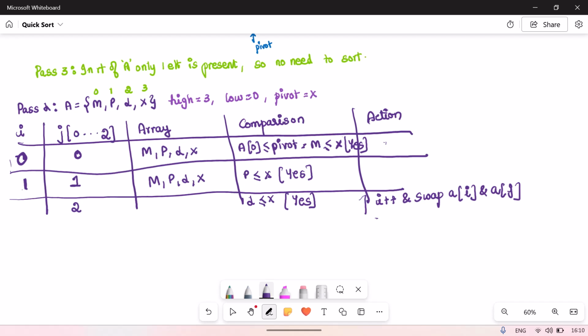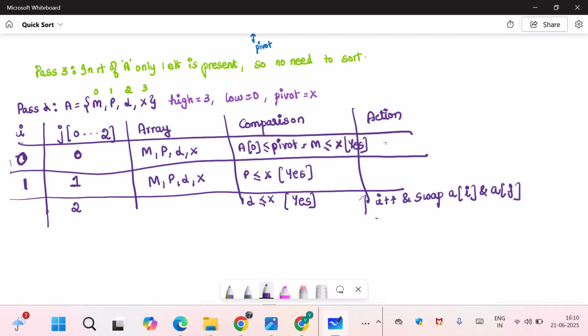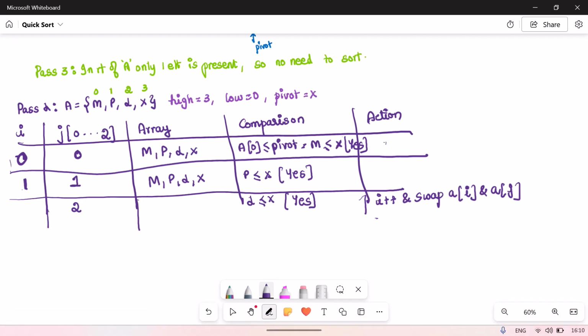When it comes to A of 3, I is this one. So here it will become 2. Okay, so now M, P, L and X only, because if you exchange here also, A of 2 and A of 2 only, you are exchanging. So the elements will remain the same.